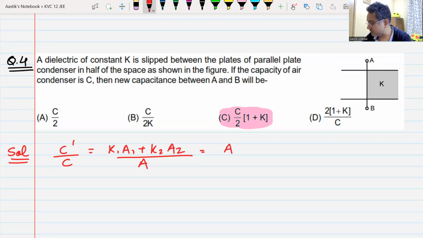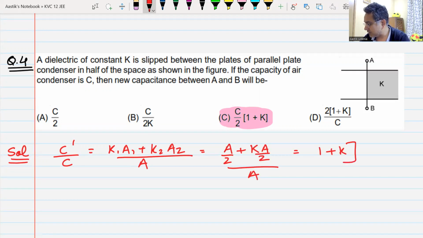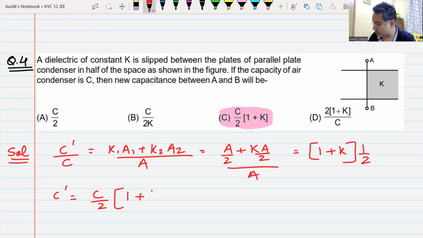So that is A plus one of them, A by 2 because half is the area, plus the other one has dielectric constant K, area is A by 2, divided by A. You will get 1 plus K multiplied by 1 by 2, and you multiply it by C, so your C dash becomes C by 2 into 1 plus K.